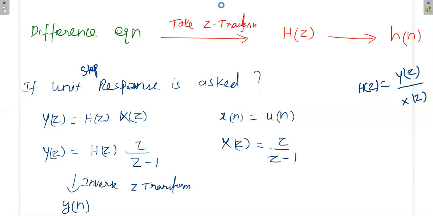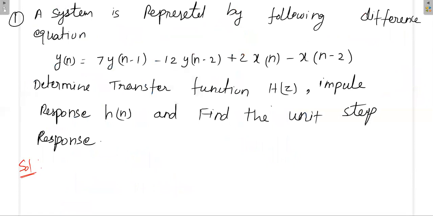Next, we'll solve the given problem. A system is represented by the following difference equation: y of n is equal to 7 y of n minus 1, and so on. It consists of y of n minus 1 and n minus 2, and also x of n and n minus 2.